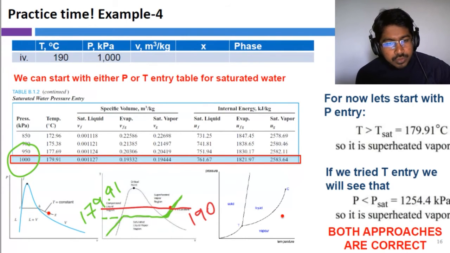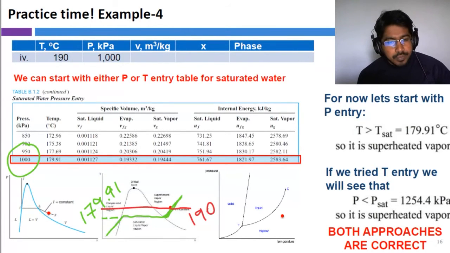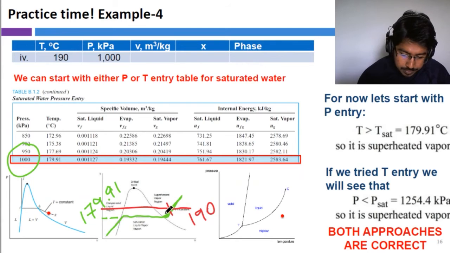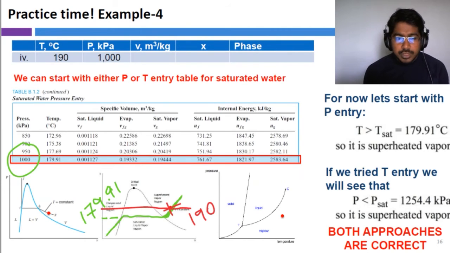So you can see the 1000 kilopascal line is only intersected at 190, and it's not intersecting our pressure inside the dome, but in the superheated vapor region. By looking at this observation, we can say that this is going to be in the superheated vapor region. Are we clear? Any confusion about that? Perfect.